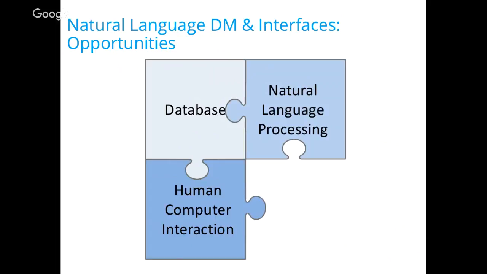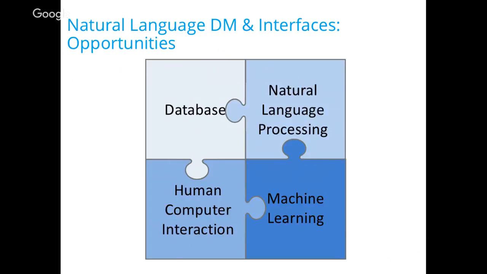And we have to have human-computer interaction so we can effectively communicate with the user so that we can work together. We're not working for each other, we're working together. Then finally, how do we leverage all the advancements happening in machine learning to improve all the problems and solutions that we have talked about, right?